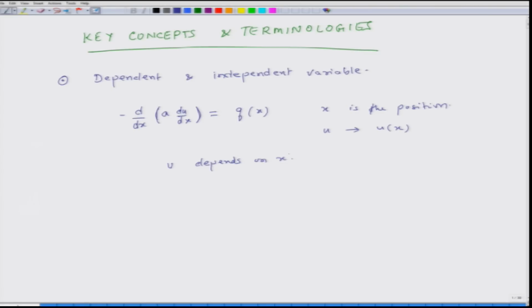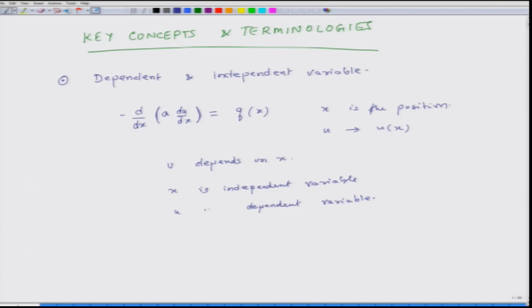X does not depend on u; x is independent, it does not matter what the value of u is. x is a coordinate in space. So, x is the independent variable and u is the dependent variable. It is dependent on x in this case.